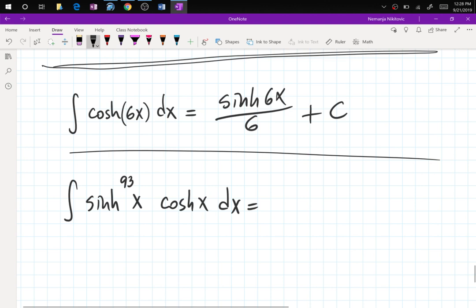Why do we divide by 6? Oh, you can use it as a u sub because it's not cosine x, it's cosine 6x. So when you do the u sub, you will have u equals 6x, du will be 6 dx, and then there's that extra 6 that you need.